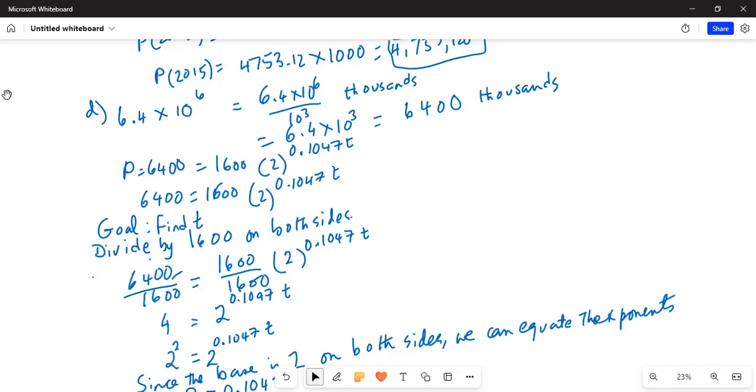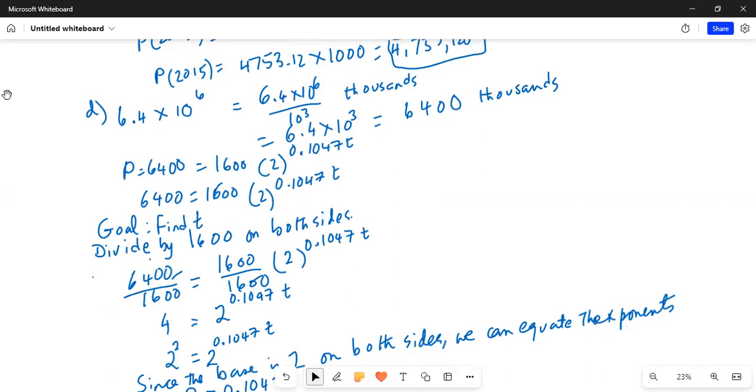Now 4 can be expressed as 2 squared. So 2 squared is equal to 2 exponent 0.1047t. Since the base is 2 on both sides of the equal sign, we can equate the exponents or powers.